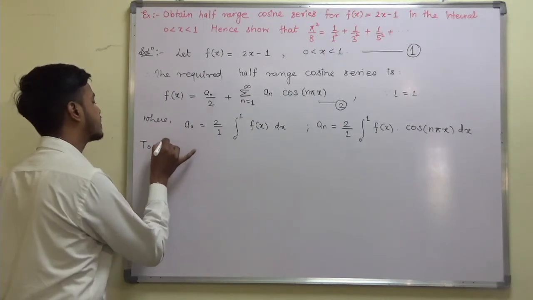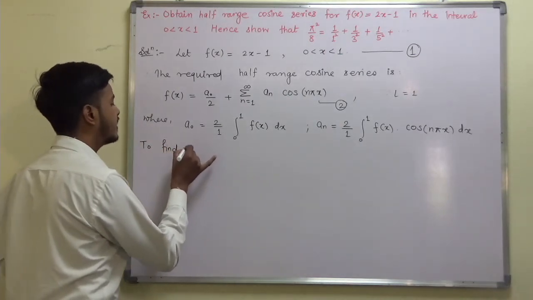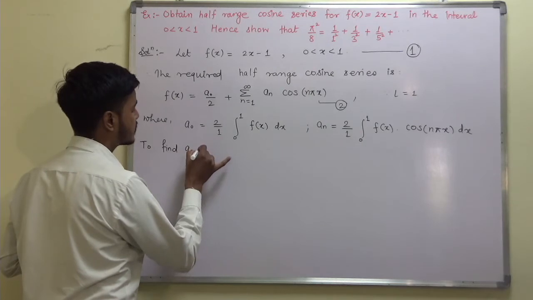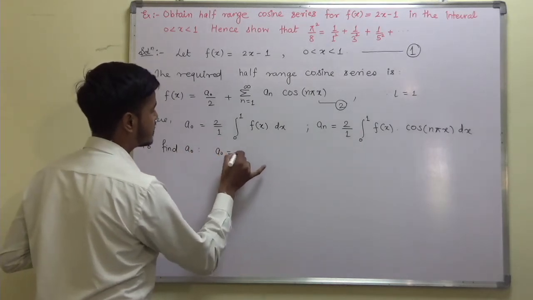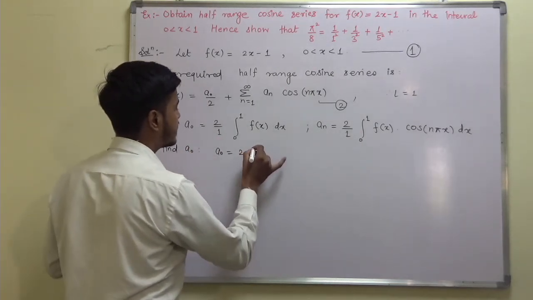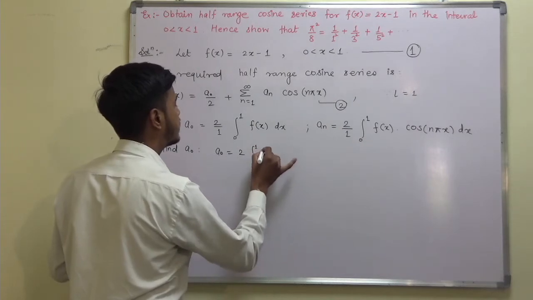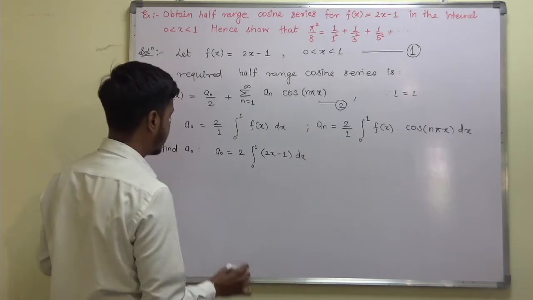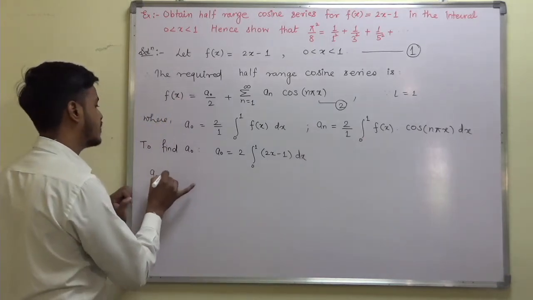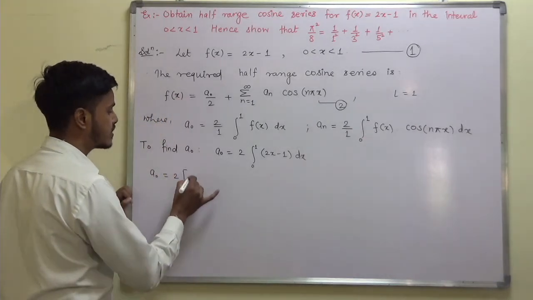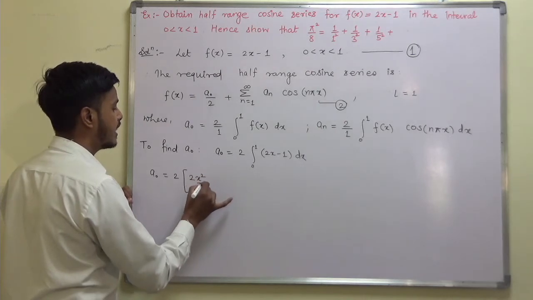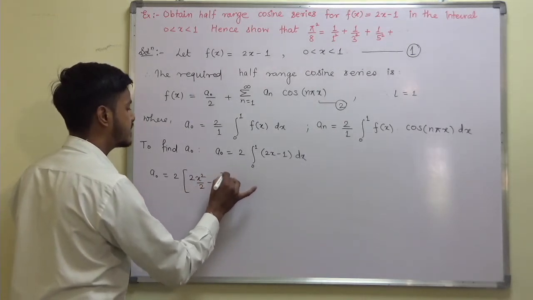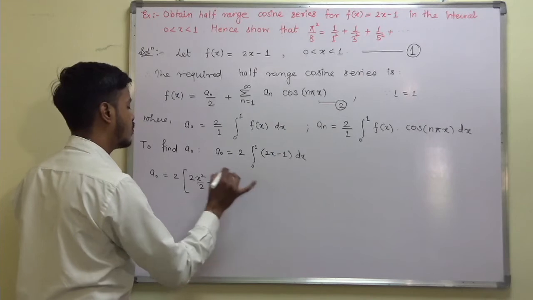To find a0. So what is a0? a0 is 2 times integration 0 to 1 2x minus 1 dx. Okay, that is a0 is equal to 2. What is integration of 2x? 2 x square by 2 minus x, 0 to 1.